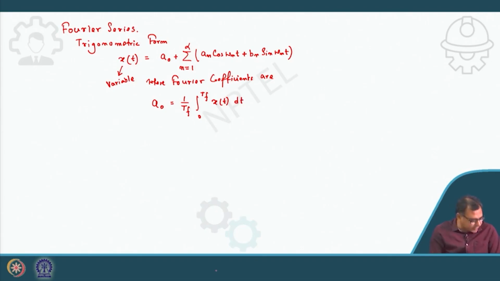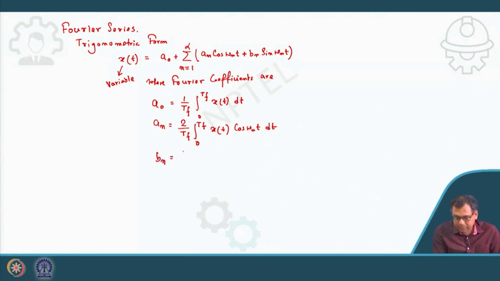This is basically the average of this function or variable over the time period from t equal to 0 to t equal to Tf. And an is equal to 2 by Tf, integral 0 to Tf, xt cos omega nt dt, and bn is equal to 2 by Tf, integral 0 to Tf, xt sin omega nt dt.